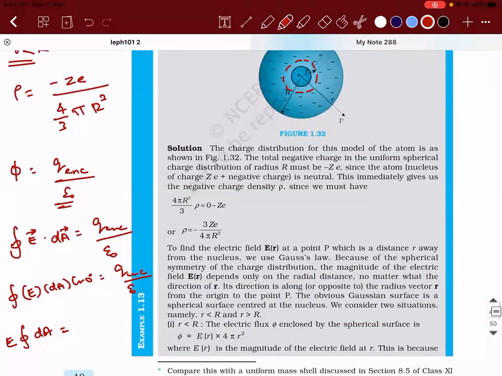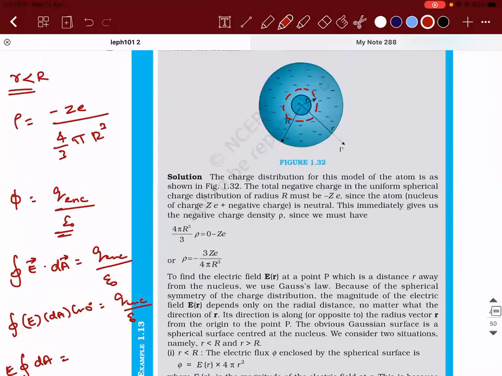If I take the density of the nucleus to be rho, then rho is equal to minus ZE divided by 4 by 3 pi R cube. What is the meaning of this? Try to understand. This much amount of charge, minus ZE, is distributed over a volume of 4 by 3 pi R cube. Then what will be the density of this particular portion?